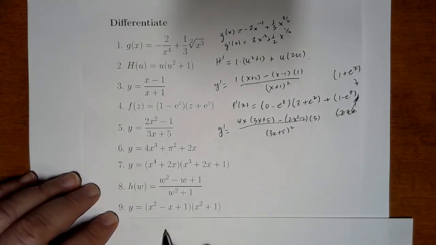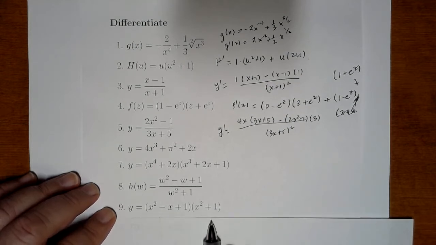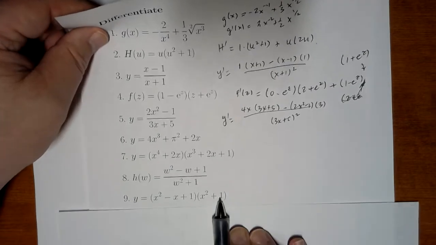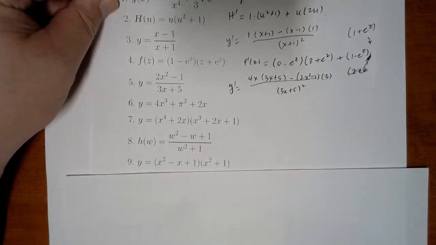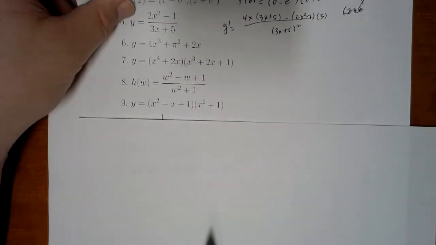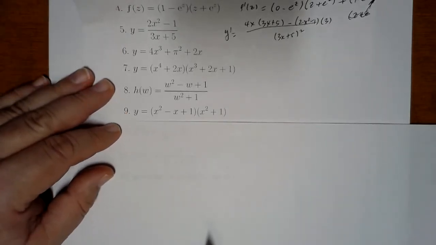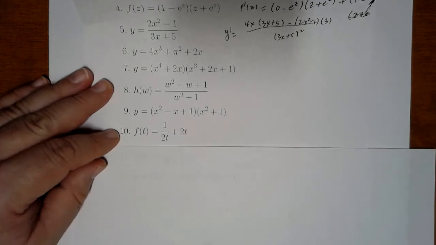Number 9, differentiate. X squared minus x plus 1 times x squared plus 1. Okay, differentiate.